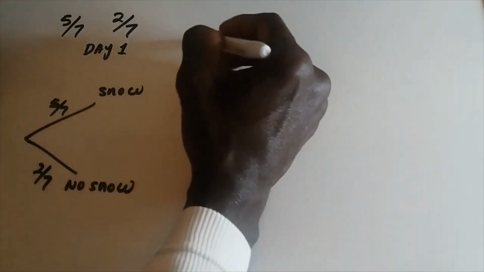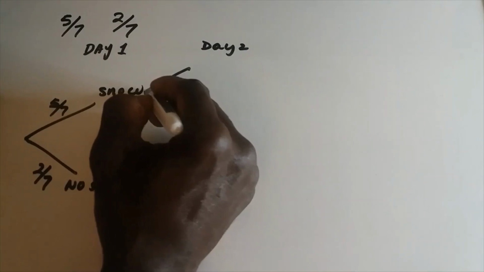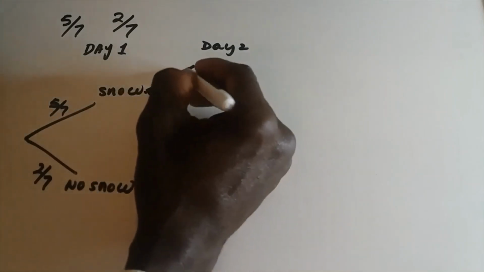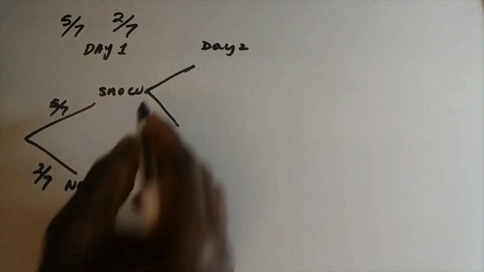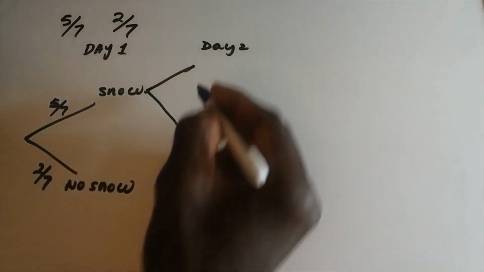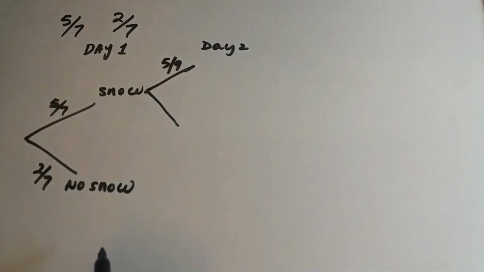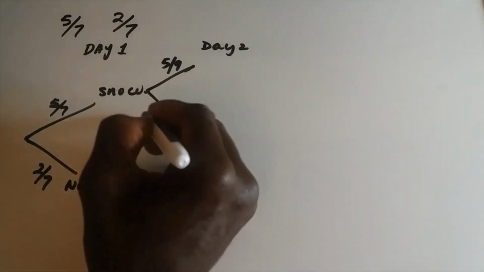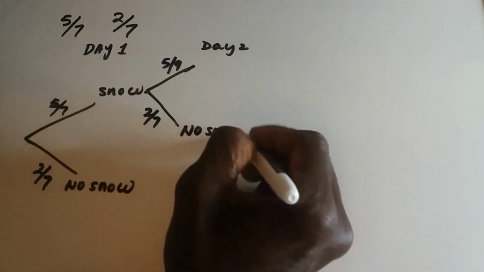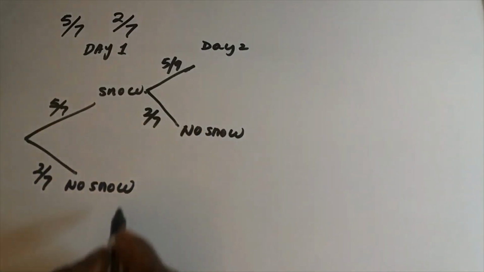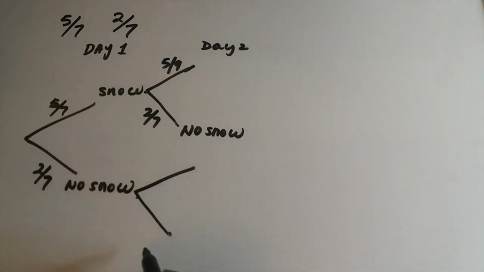Now on day 2, we have another 2 options for each. So if it snows here, we can have snow again, or we can have the option of 2 over 7, which is no snow. And if we start with no snow here, we also have 2 options.